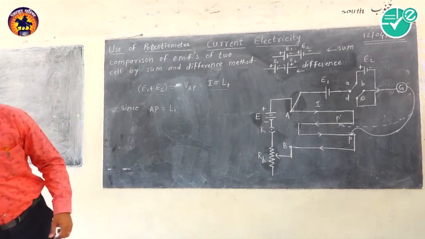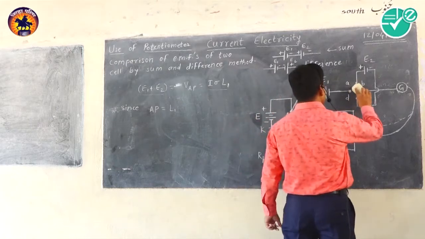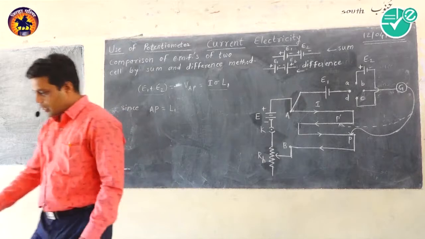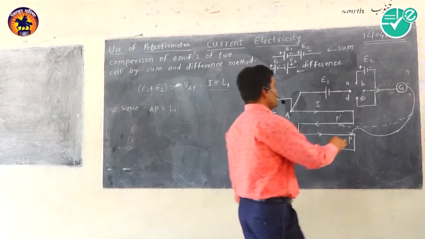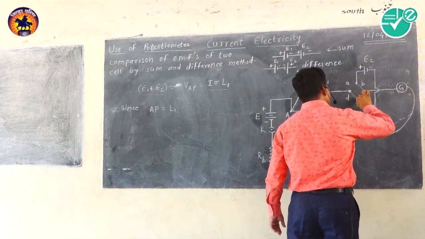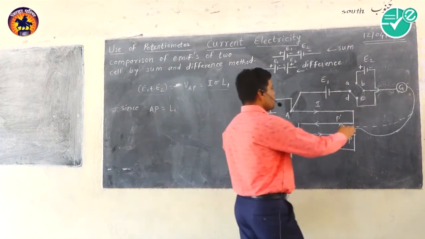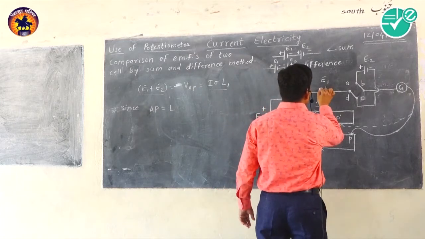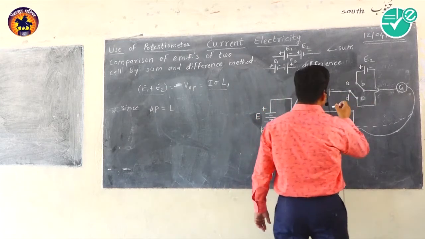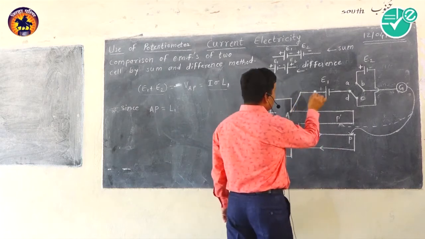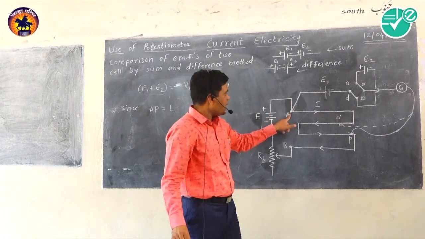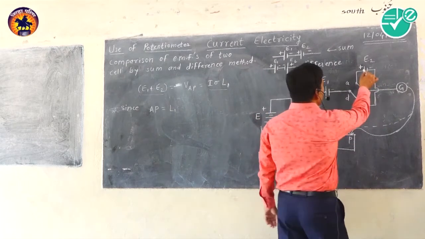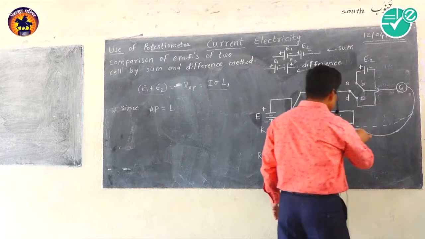Instead of closing keys A and C, you have to close keys B and D. Then the positive terminal of E1 is connected to A, and the negative terminal of E1 is connected to the negative terminal of E2, and the positive terminal of E2 is connected to the galvanometer and jockey.